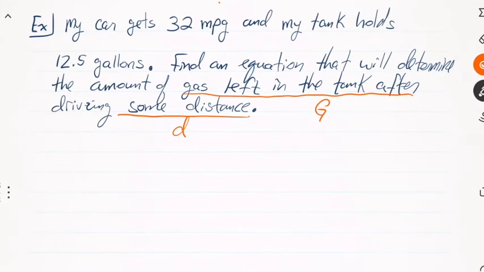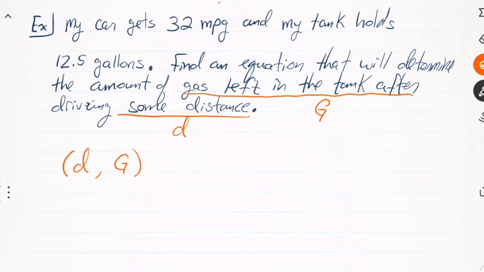So the order this is going to come in is I'm looking for how much gas is left in the car, and I know what distance I'm traveling. So when we're talking about an ordered pair, then the question is asking for how many gallons are left. That'll be your dependent variable. And the distance you drive is what's changing, and that'll be the independent variable.